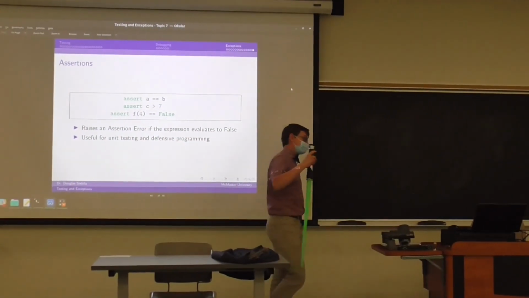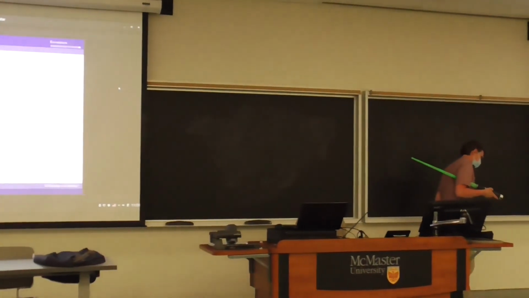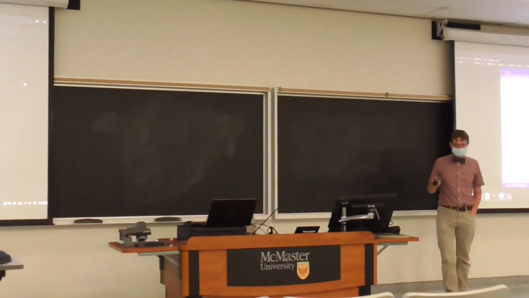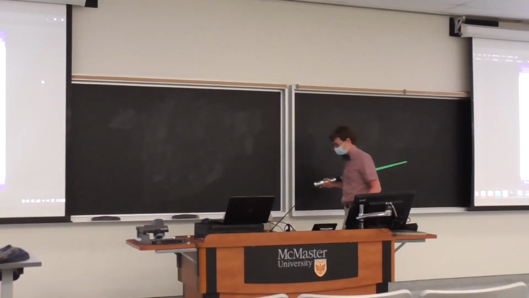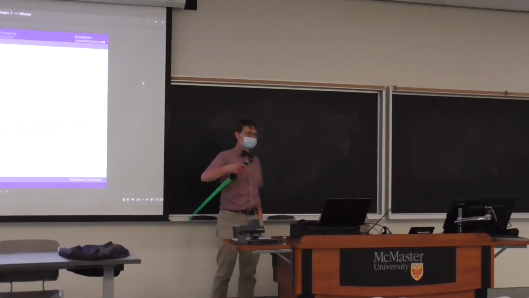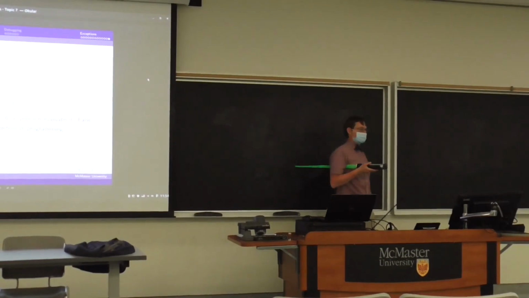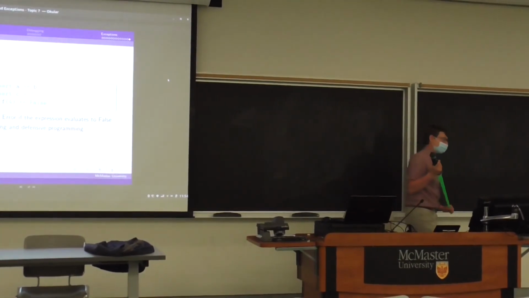So assert statements are used pretty prolifically inside the auto grading software that we use. So I'm going to explain how the auto grading software works now. So Jupyter, right? Basically how it works.